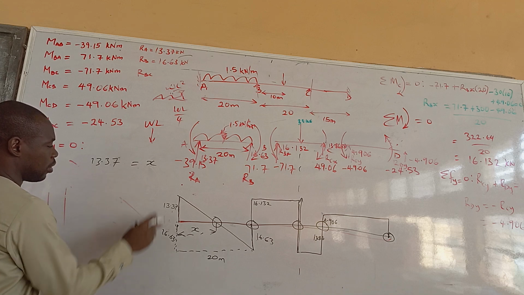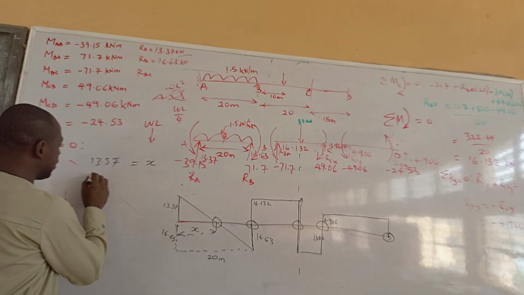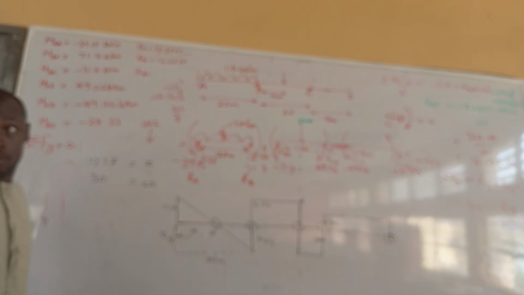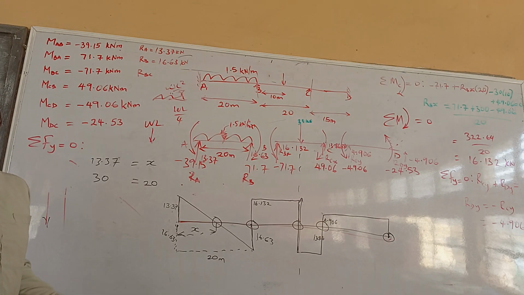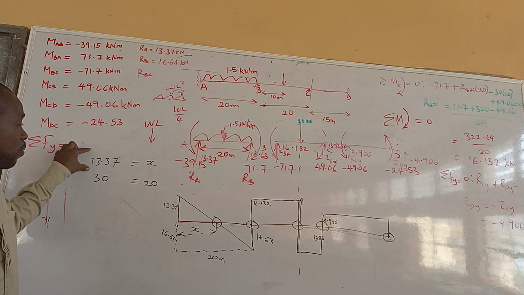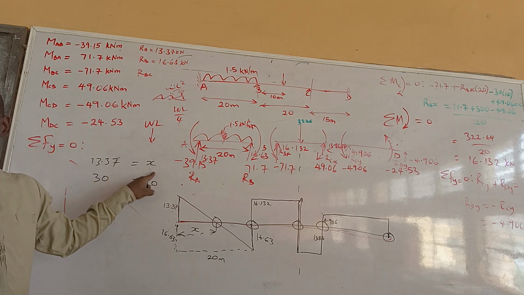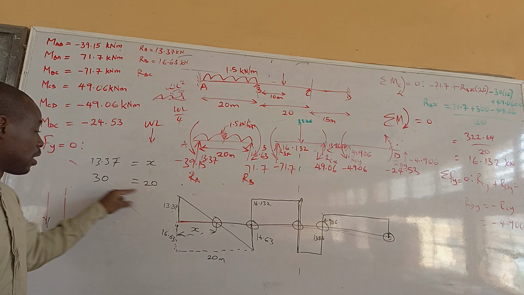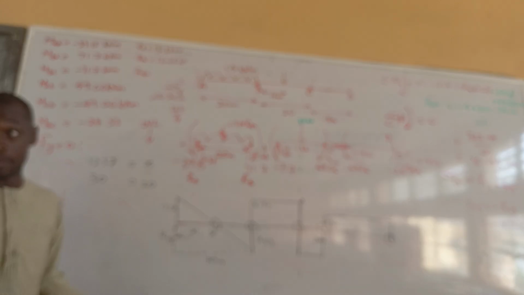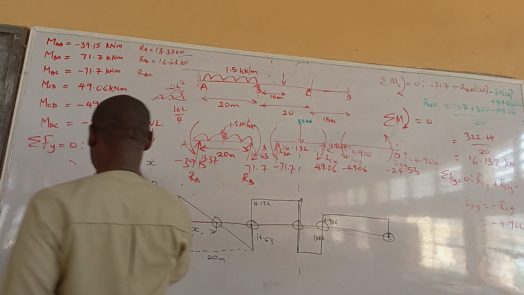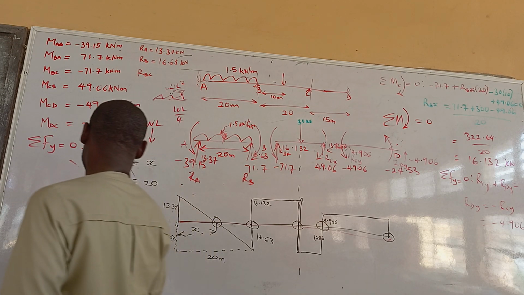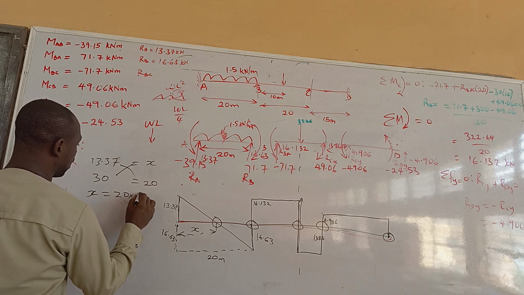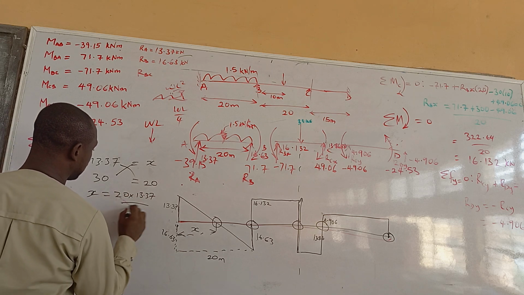At 30, I have the base to be 20, right? Do you agree with me? When I have the height of 30.37, I have the base to be s, a distance which I don't know. So from here, I can calculate my s. My s equals 20 times 30.37 divided by 30.